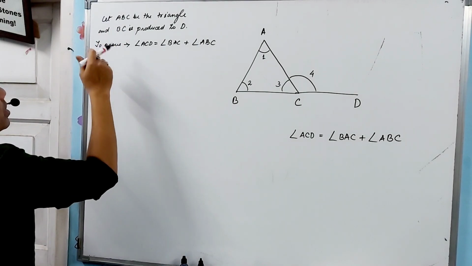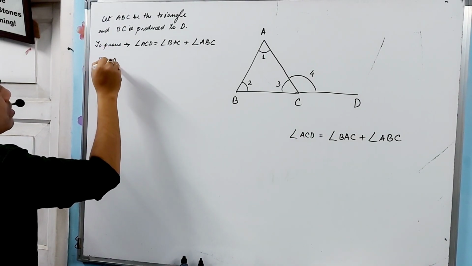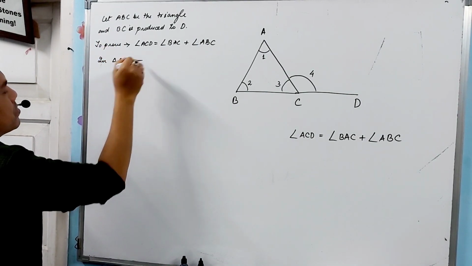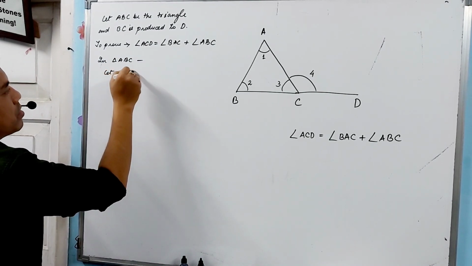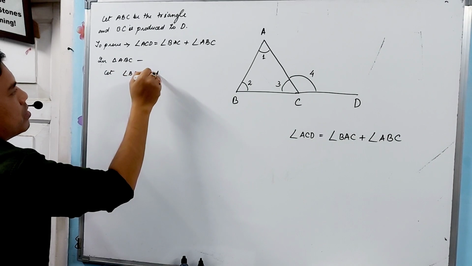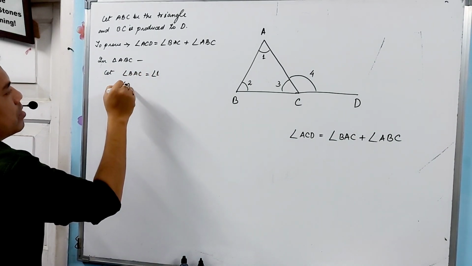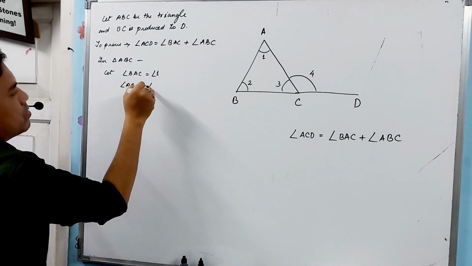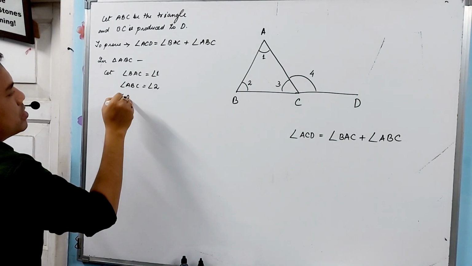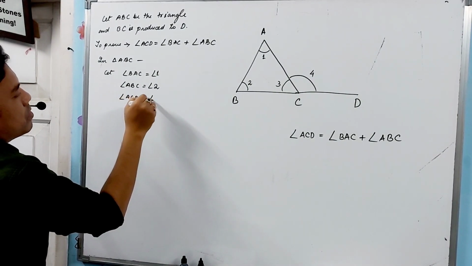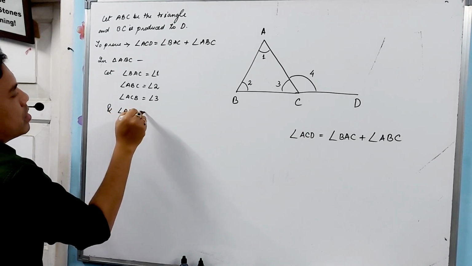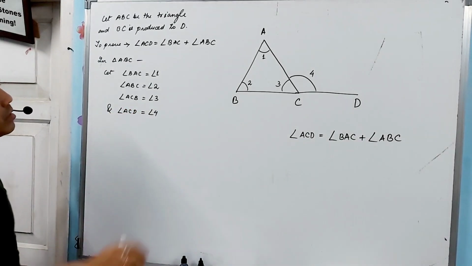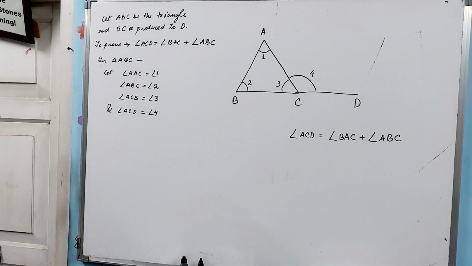Before this we will write, in triangle ABC, let angle BAC equal to 1, angle ABC equal to 2, angle ACB equal to 3, and angle ACD equal to 4. So we can clearly see it here from the figure itself.